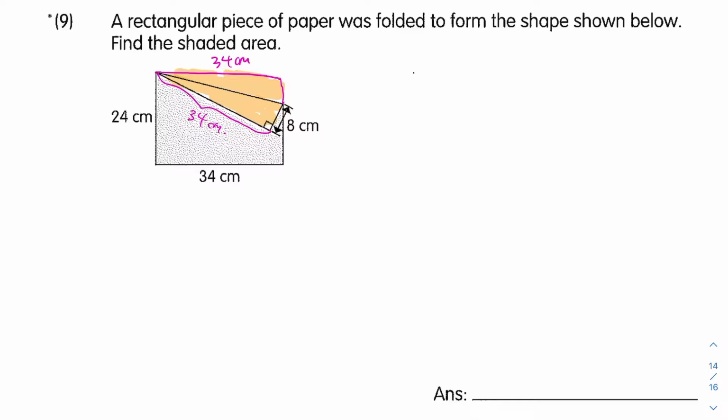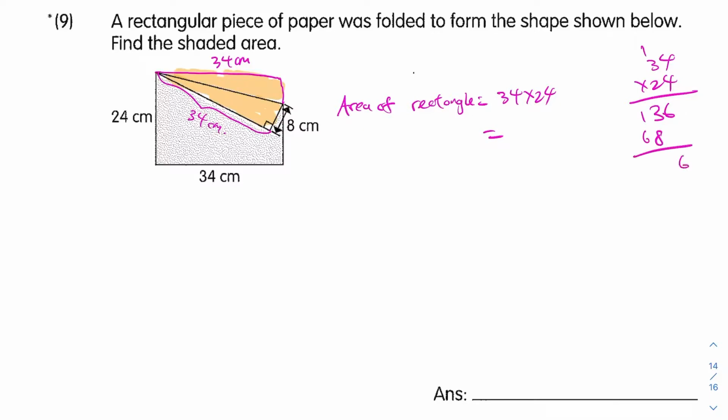Okay, so area of rectangle would be 34 times 24, which would be 816 square centimeters.